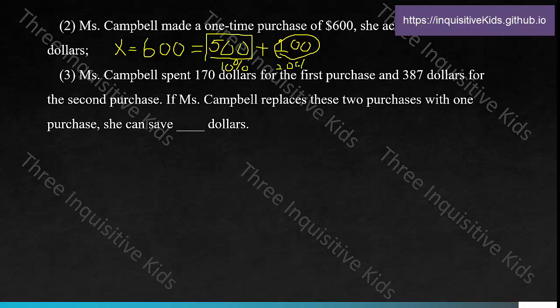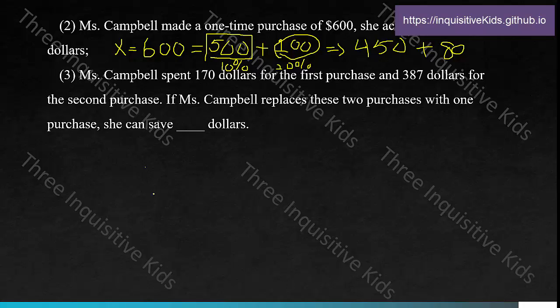And then that would leave us with a 10% discount of 500. That's going to be 90% of 500. So that's $450 plus the 20% discount for $80. So she would actually pay $530.